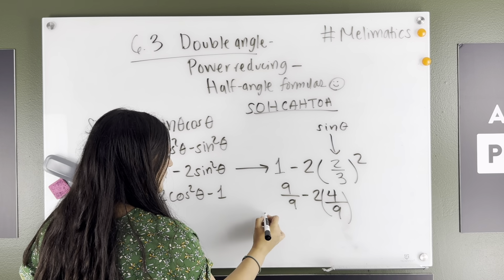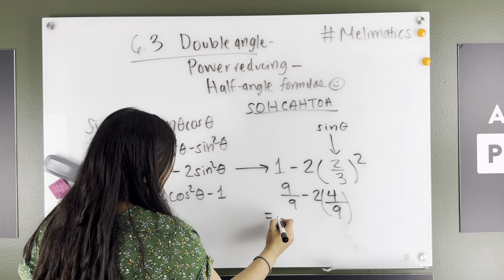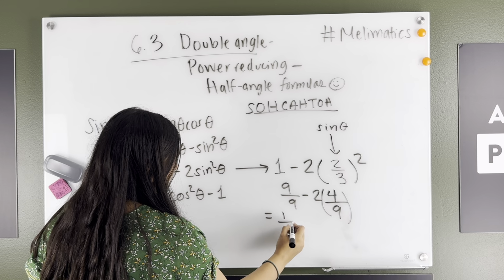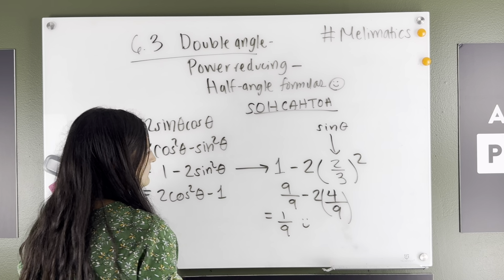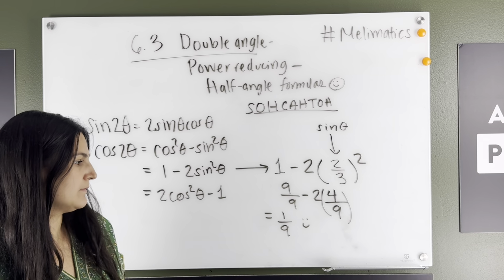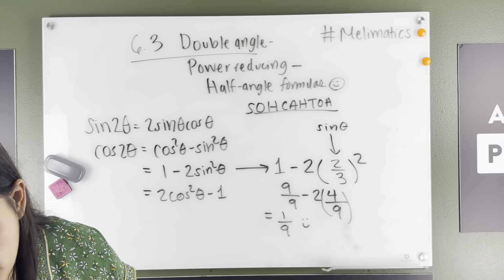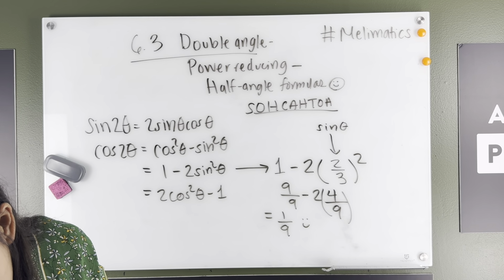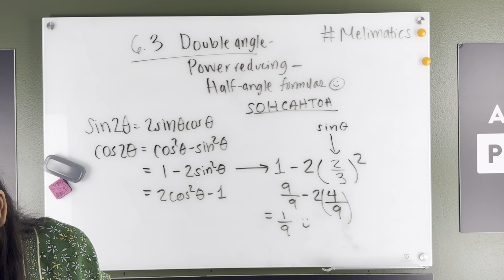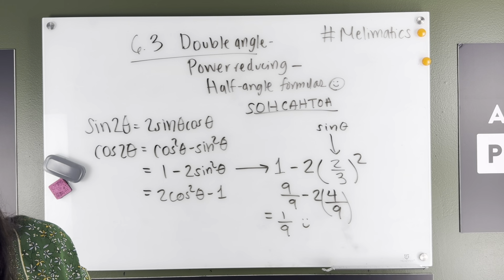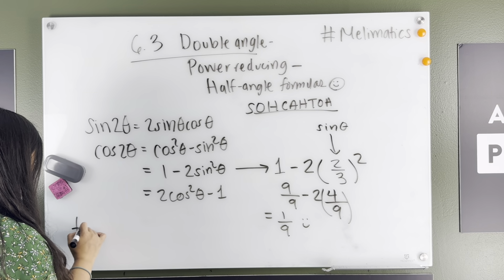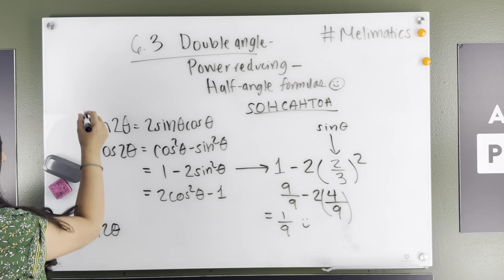Find a common denominator, and you get 9 minus 8 over 9, which is 1 over 9. Okay, so we got the answer. And then C says, can you find tangent of 2 theta? That is a different formula. All these formulas you could have.